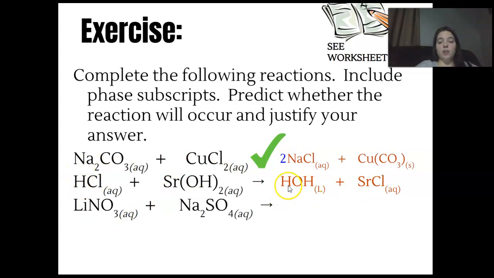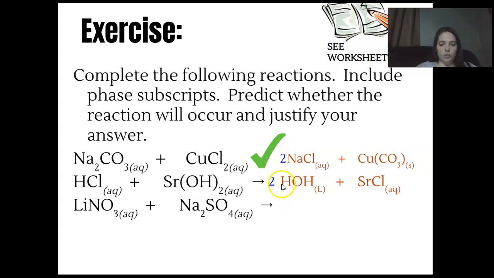So hydrogen, hydrogen, yay. Chlorine, chlorine, yay. Strontium, strontium, yay. Hydroxide, 2. Ooh, hydroxide, only 1. So I've got to put a 2 in front of here just to balance that out. And you're like, Miss Co, that's so weird. I promise it will work out. It will make your brain so much happier instead of counting everything up.